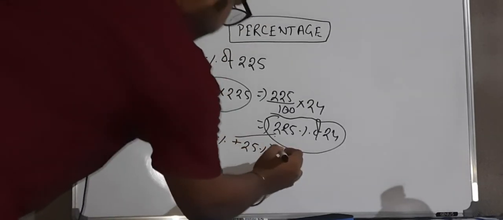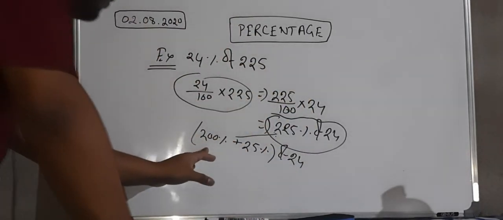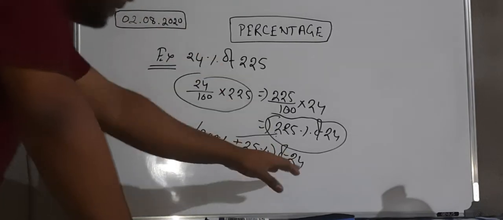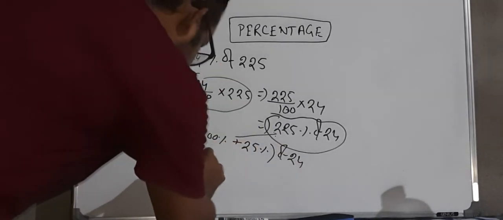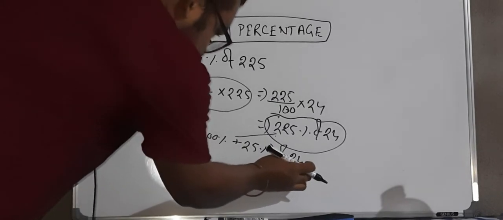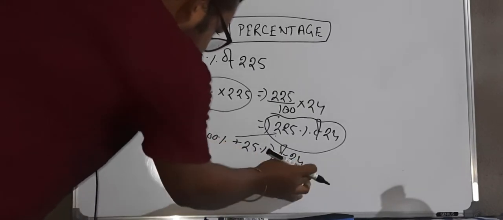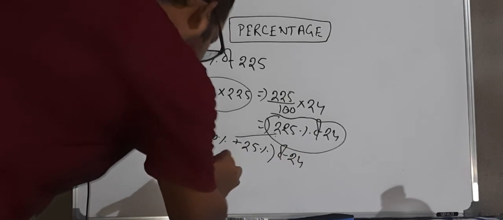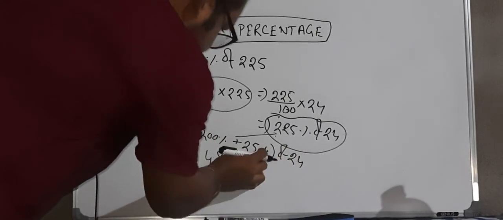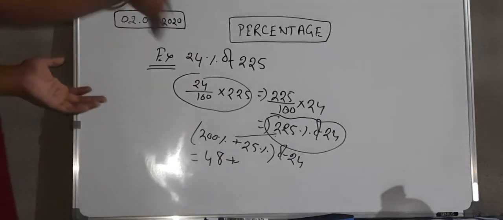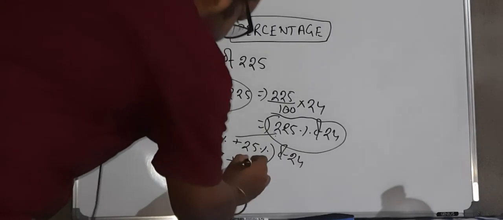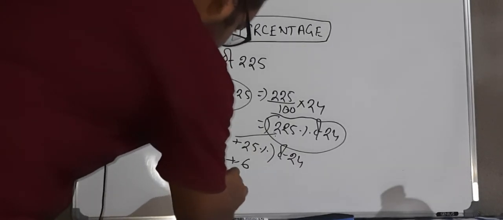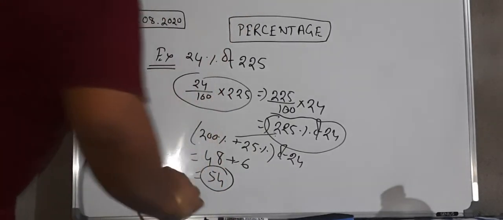Now 200% of 24: 100% of 24 is 24, so 200% of 24 is basically 2 times 24, which is 48. And 25% is 1 by 4. So 1 by 4 into 24 is 6. So your final answer is 54.